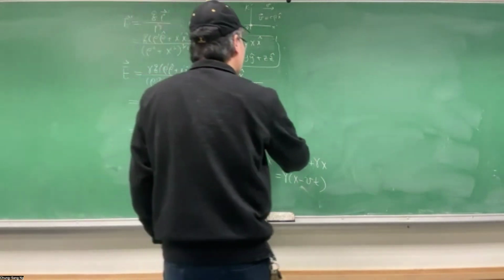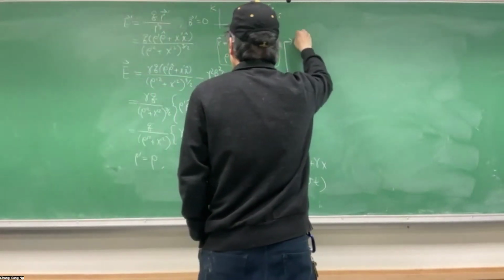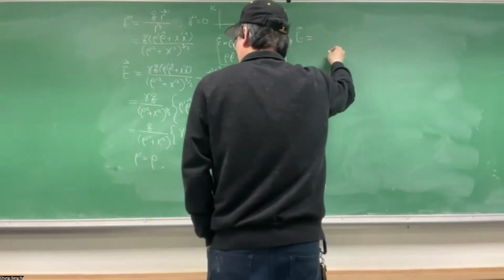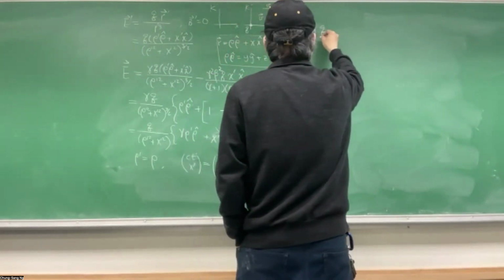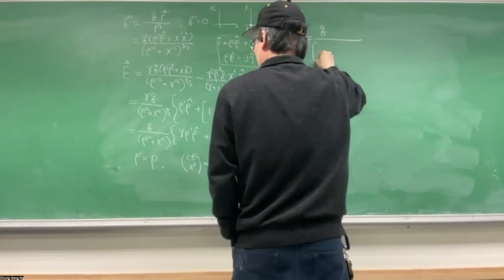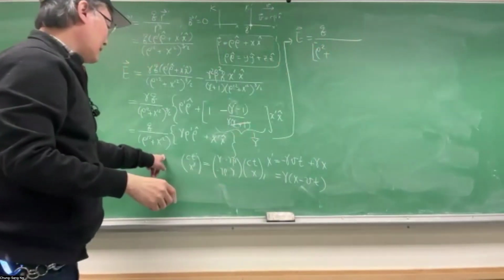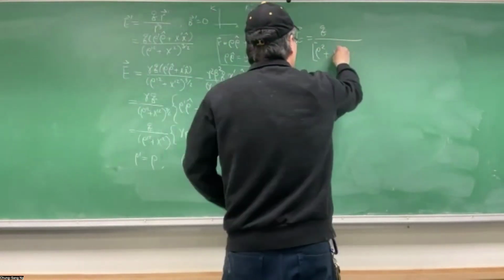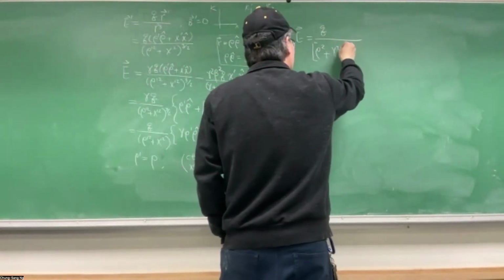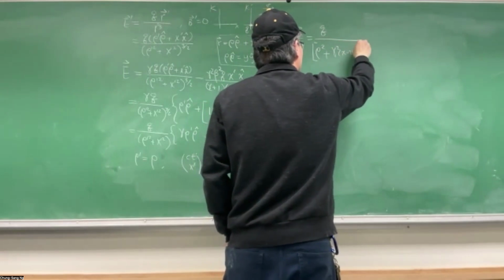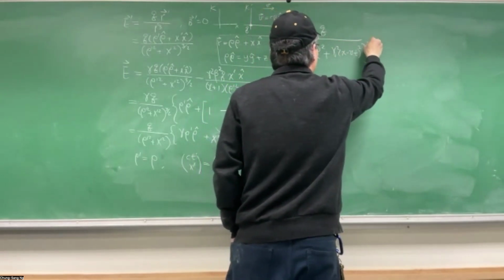So we substitute everything here. Now the expression in the denominator is rho square plus gamma square times x minus vt, all to the half.